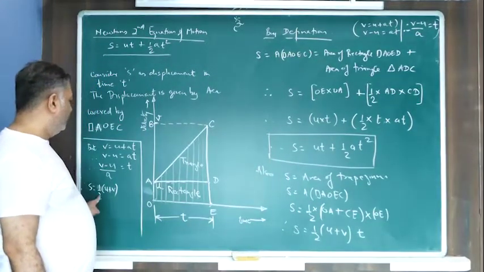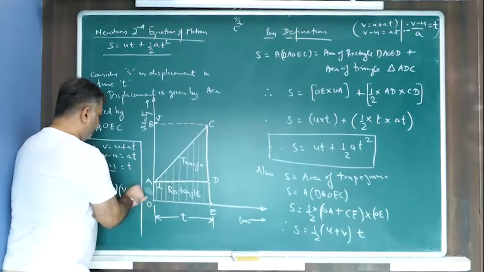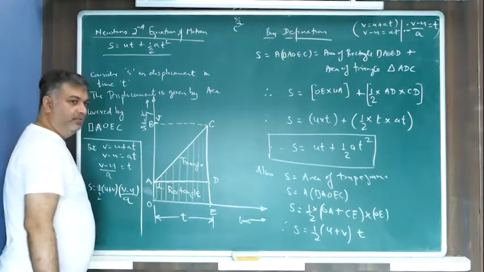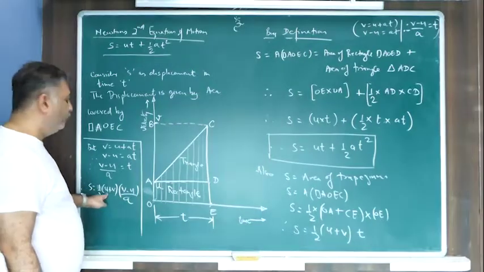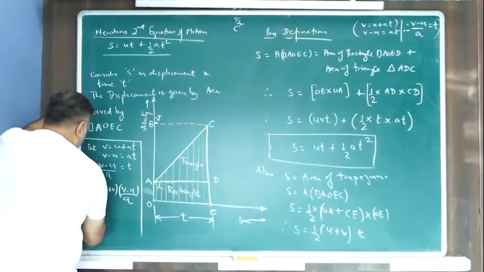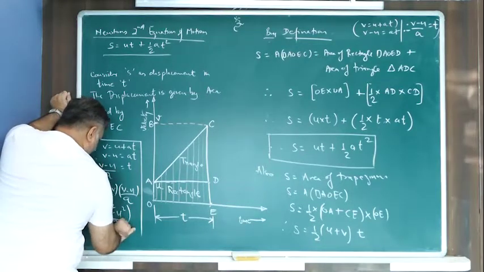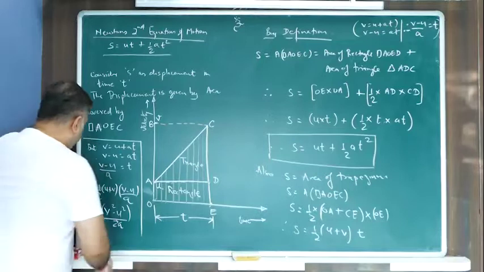So S is equal to half into U plus V into time. Time is what? V minus U upon A. V minus U into V plus U is what? V square minus U square. So therefore S is equal to V square minus U square, upon 2A. Since A is in the denominator, write 2A below. Now take 2A to the other side.